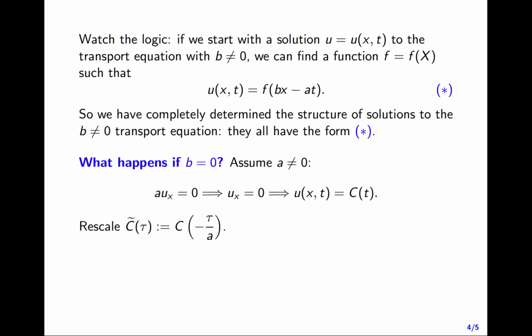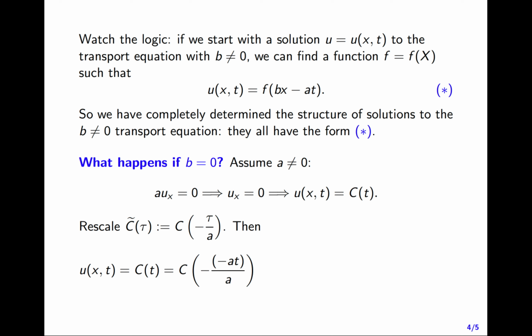Now let us rescale. We'll define a new function, C tilde of tau, to be C(minus tau over a). And we can do this because we're assuming a is non-zero, so we can divide. Then we have u(x,t) is C(t).